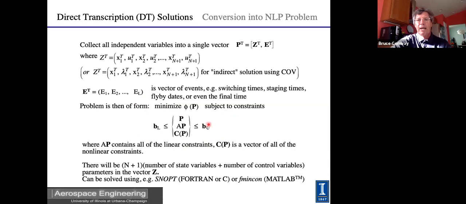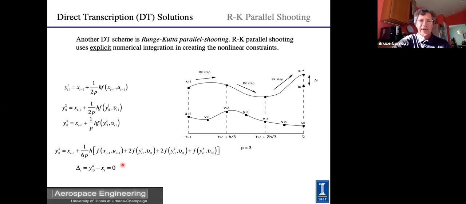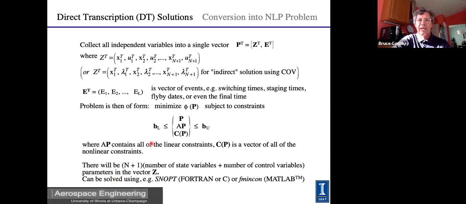We have upper and lower bounds on the parameters themselves, the state variables, usually no linear bounds, but then the C of P is a collection of all the nonlinear constraints, and if they are this last step that closes the gap at the right-hand side, then the upper and lower bounds for that will be 0.